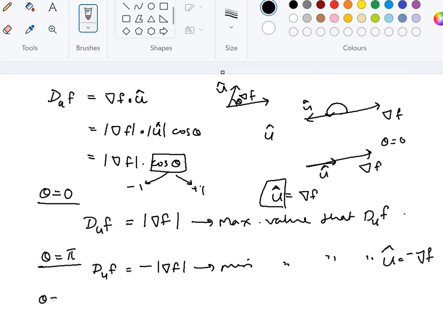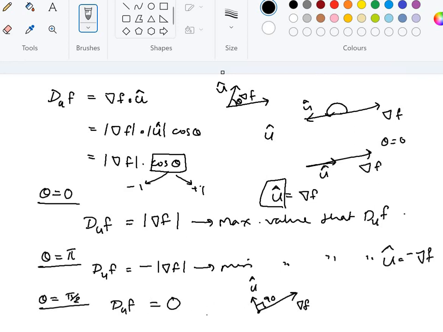And what happens if theta is equal to pi by 2? When theta equal to pi by 2, cos pi by 2 will become 0, and du cap f in that situation becomes 0. So if the gradient direction is this, and you take u cap at an angle of 90 degrees to del f, since it is perpendicular to the direction of del f, the slope will be 0.